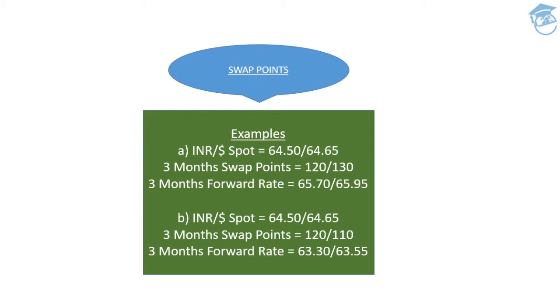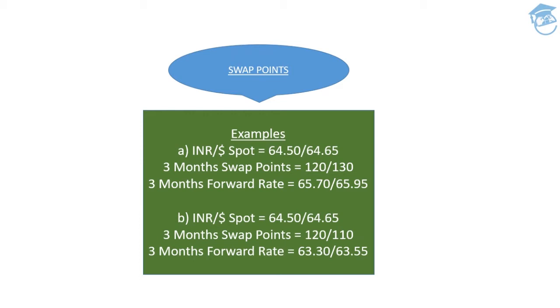So what I'll do is I'll just subtract 1.20 from 64.50. I'll get the bid for 3-month forward rate as 63.30, and I'll subtract in the same manner 1.10 from 64.65 so that I can get the ask figure, which is 63.55.